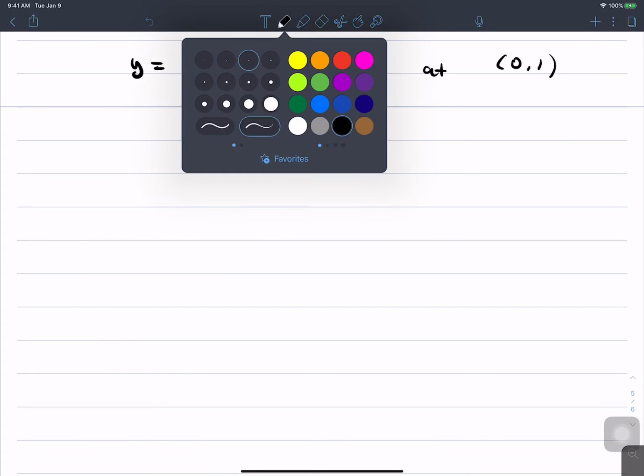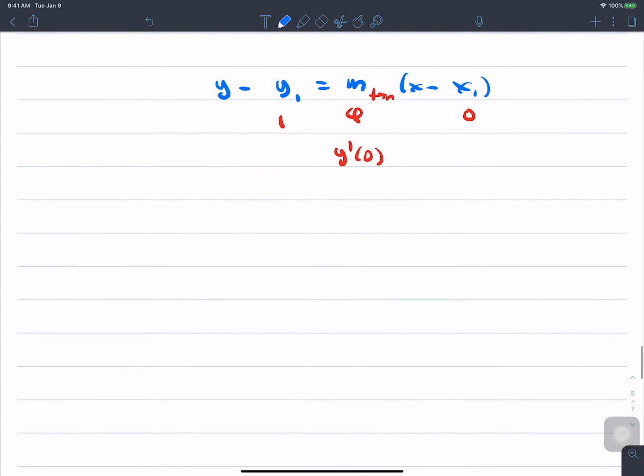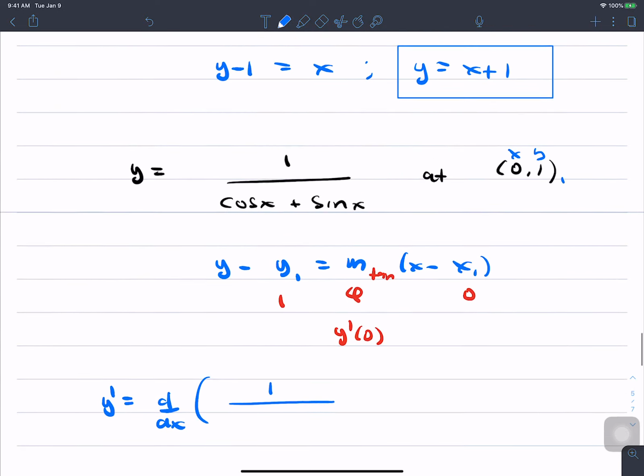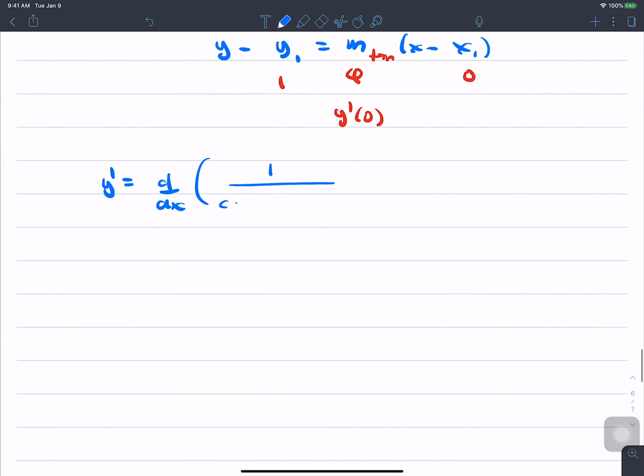So you guys know already, this will be y minus y1 equals m times x minus x1, your x and y coordinate, your first and only point. So 0 and 1. And this is really m tangent, so this will be y prime at 0 again. Okay, so y prime will be the derivative of 1 over cosine x plus sine x, it doesn't matter.